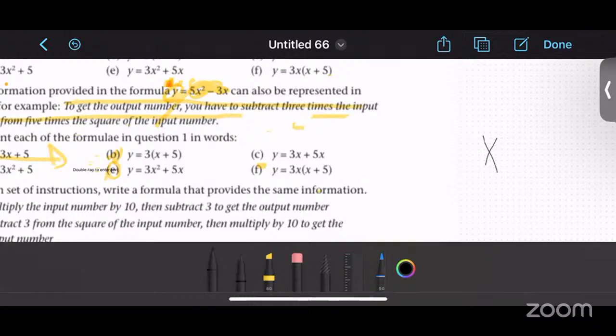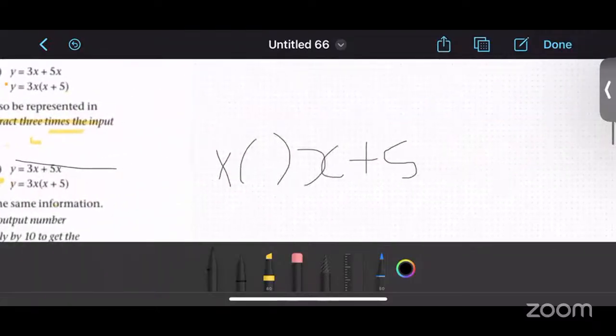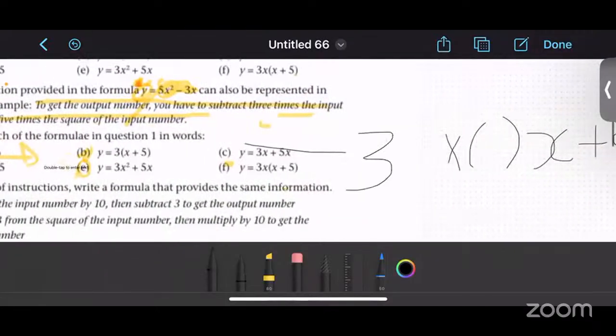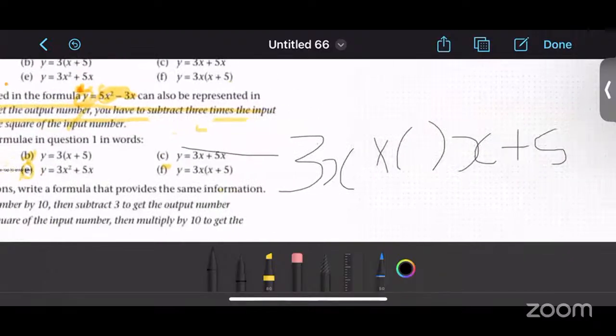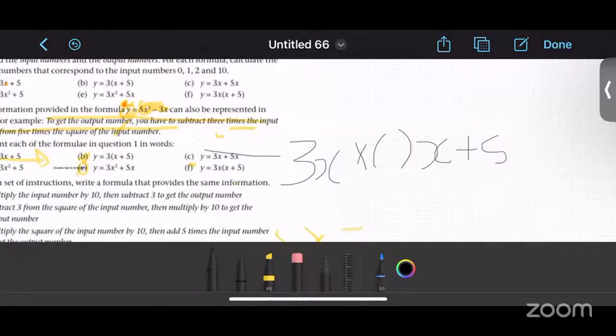The bracket input plus 5 by 3 times x. We have to multiply brackets by input plus 5. Is this the correct thing?